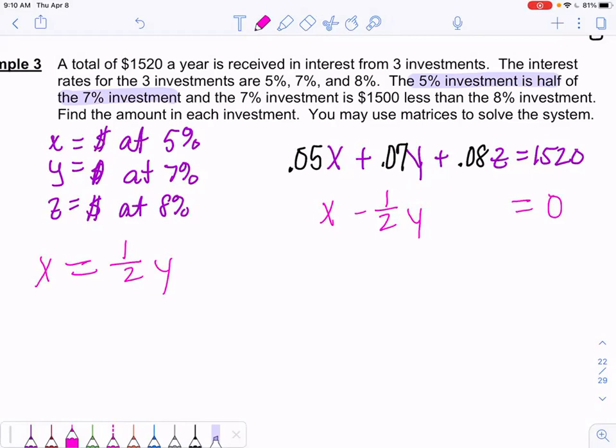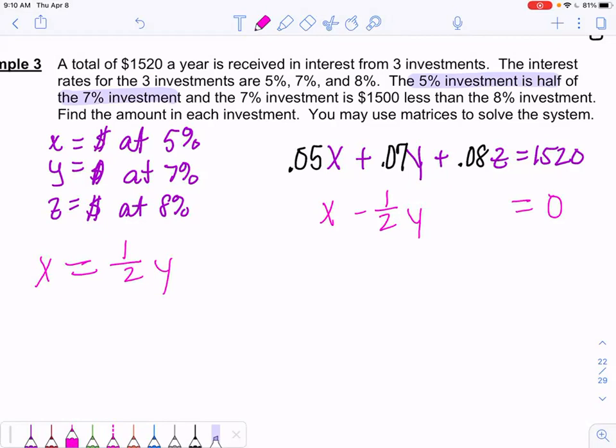Peter: Wait, why wouldn't it be half of X since the beginning of 5%, half of the? So if I invest, so X is half of Y. So if I invest $500, my X should be half of that $500.